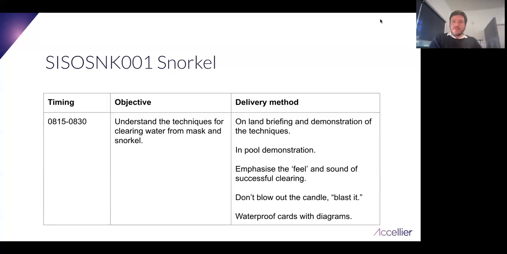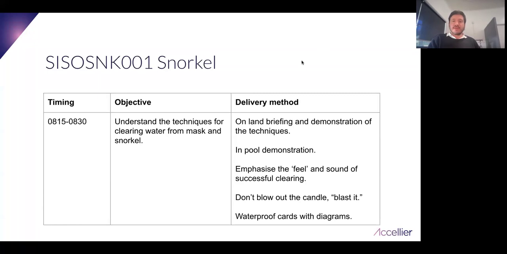Then he's going to jump in the pool and do a demonstration in there, and he's going to emphasize the feel and the sound of successful clearing. He's using this kind of saying of don't blow out the candle like on a birthday cake, we're going to blast the candle out. That's a big boom. And then he's got some waterproof cards with diagrams that they can take into the water with them as well.